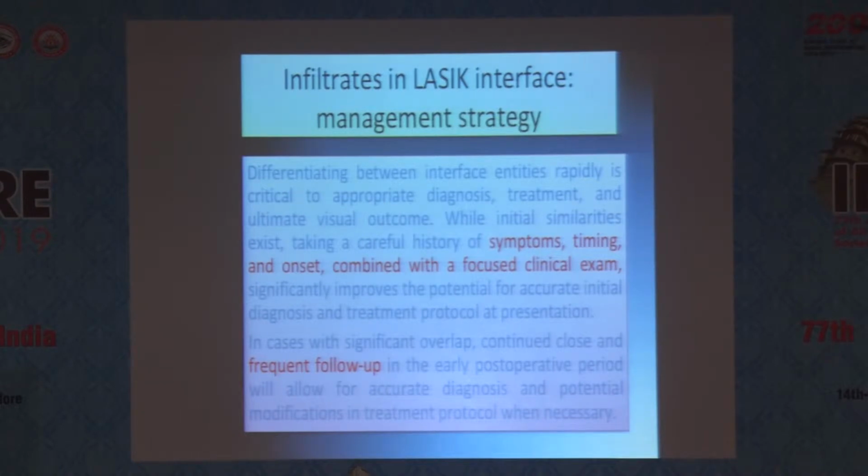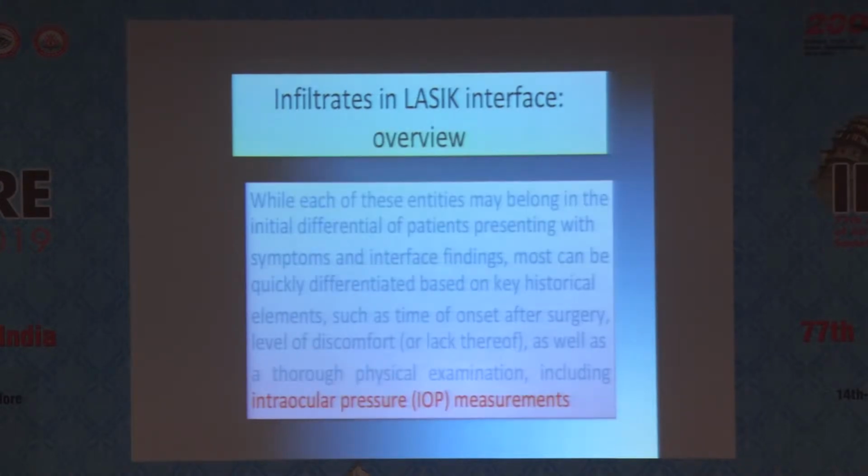And while initial similarities exist, you have to take a careful history of symptoms, timing, onset, combined with focused clinical examination, and frequent follow-ups are necessary to arrive even at an accurate diagnosis depending on how the disease progresses.